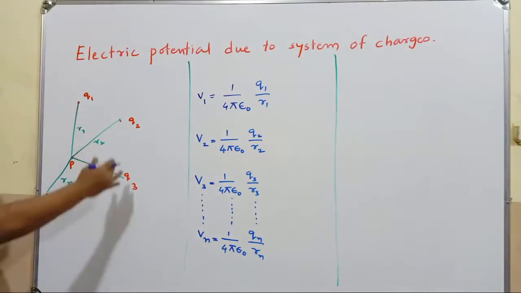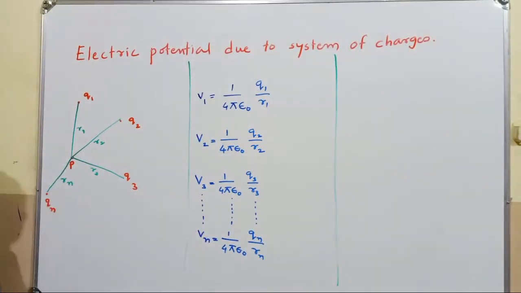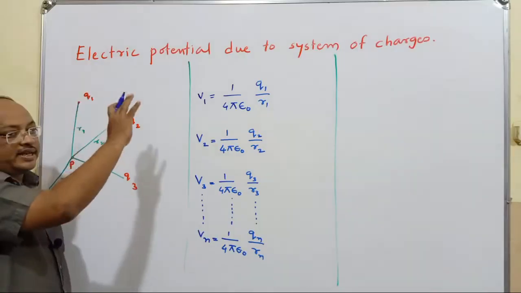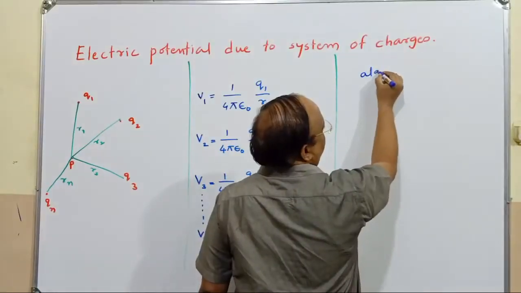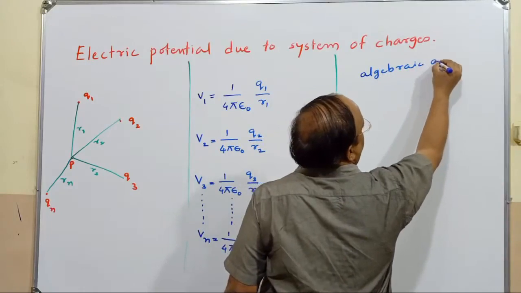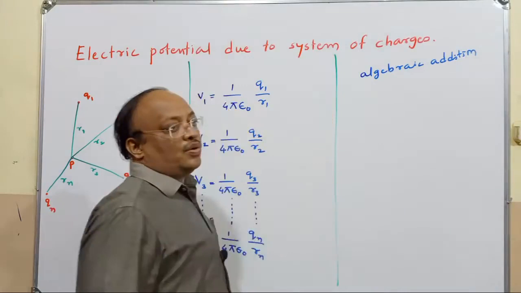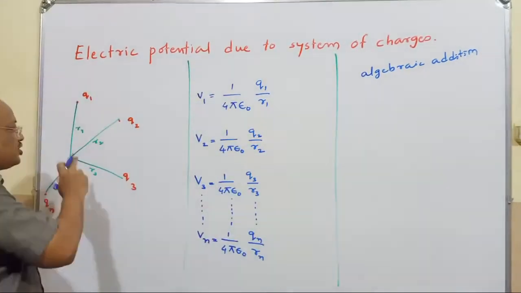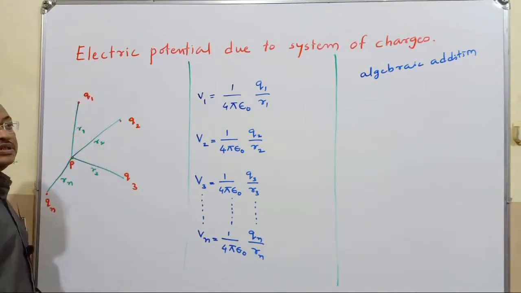If there are n number of charges, the potential due to this charge is 1 by 4 pi epsilon naught Qn by Rn. Since electric potential is a scalar quantity, normal algebraic addition will give us the potential due to all these systems of charges.